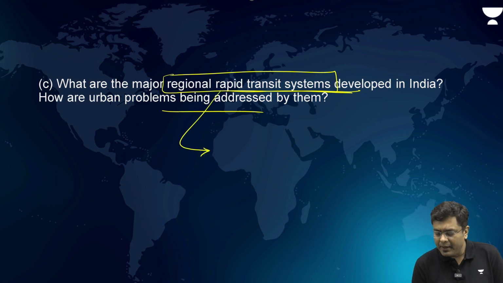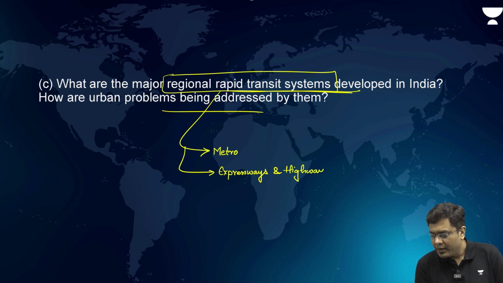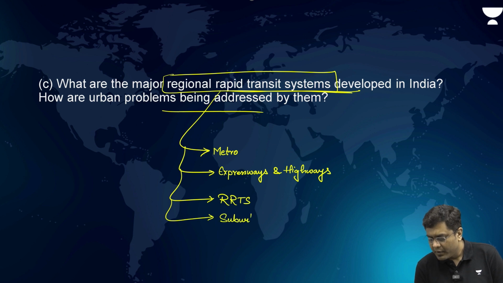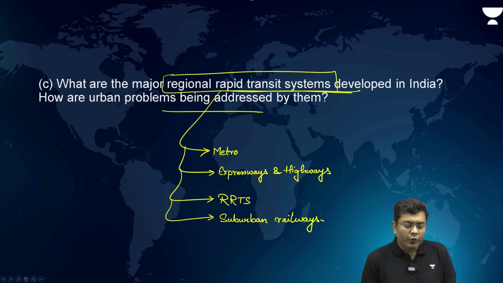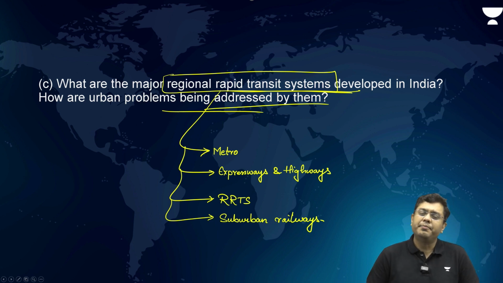For example, you have metros, metro rail, then you have expressways and highways, then you have the proper RRTS system, suburban railways, urban railways, right. So, what are the urban problems being addressed by them?